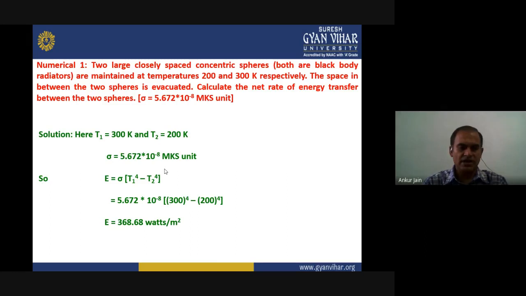So we can calculate it by putting the values: 5.672 into 10 to the power minus 8, into 300 to the power 4 minus 200 to the power 4. When we solve this, we get the answer E equals 368.68 watts per meter square. So this is the way to use Stefan's law.